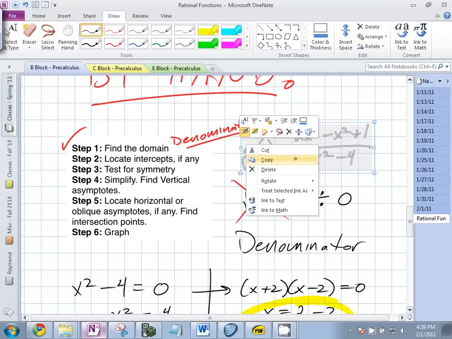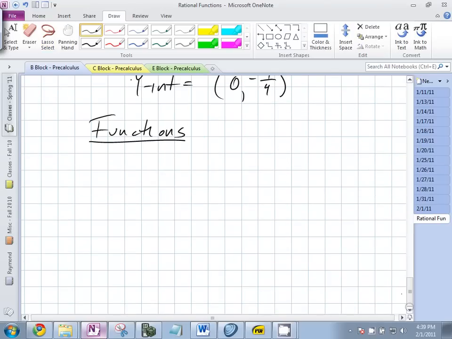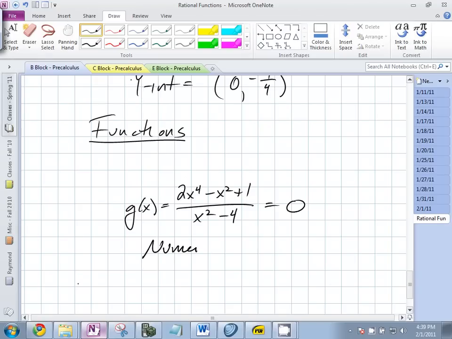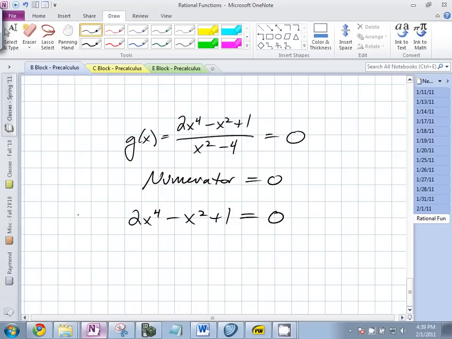To make a fraction equal 0, we need the numerator to equal 0, which means that we need to know when 2x to the 4th minus x squared plus 1 is equal to 0. You might say to yourself, I've never worked with polynomials of this degree, and you're probably right. We will be working with higher power polynomials.